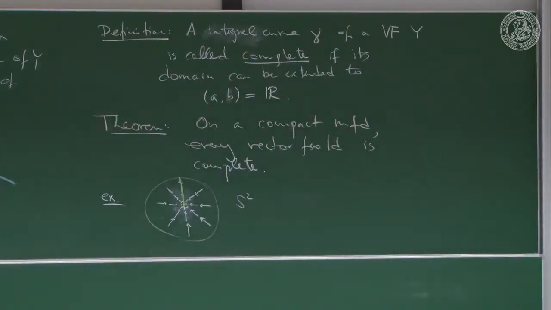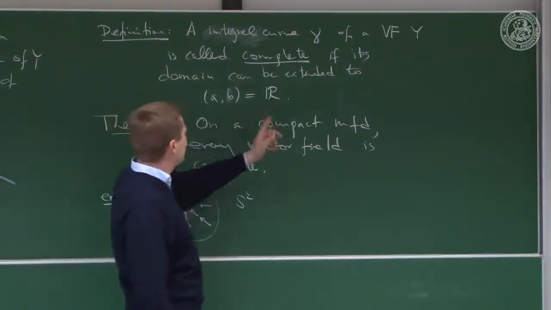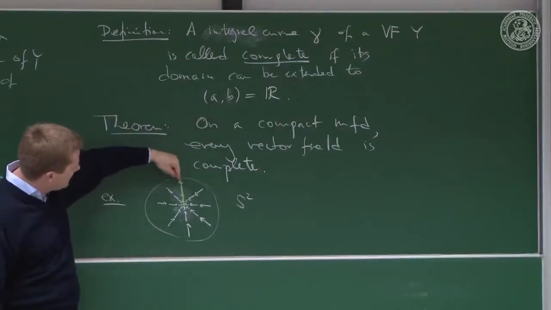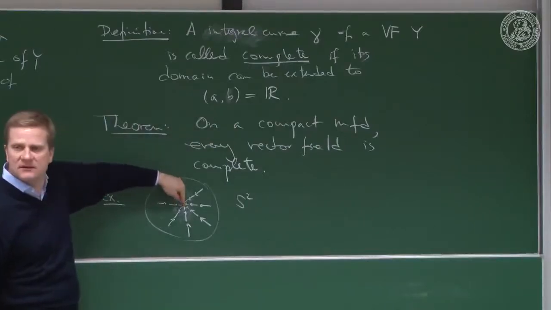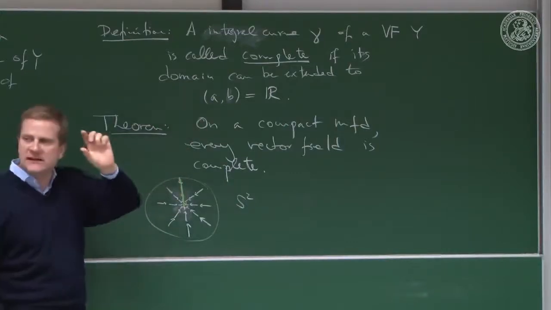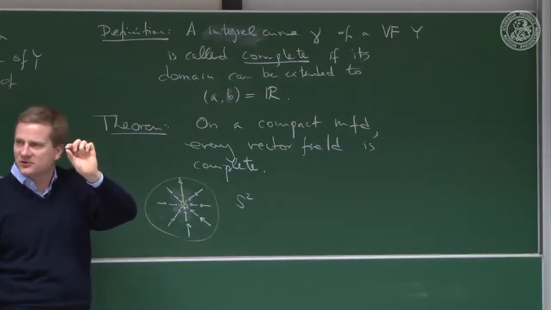Why is it complete? Well, because we're not talking about the image of the curve, we're talking about the parameter. And indeed, in order to arrive at that point, I need to go to infinite parameter, because the vectors of the field get shorter and shorter and shorter.